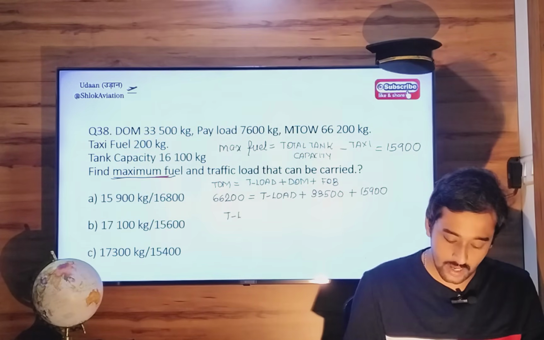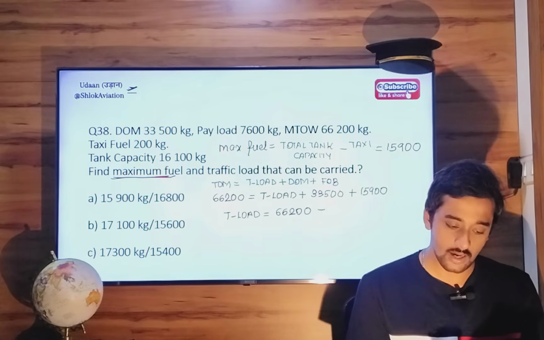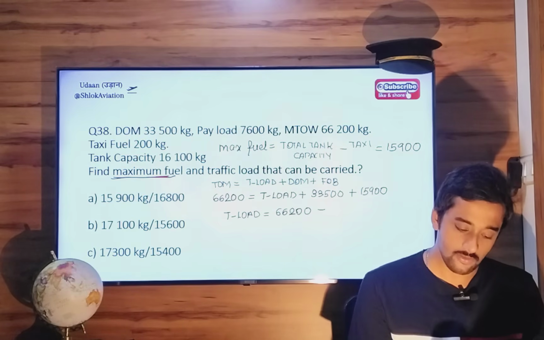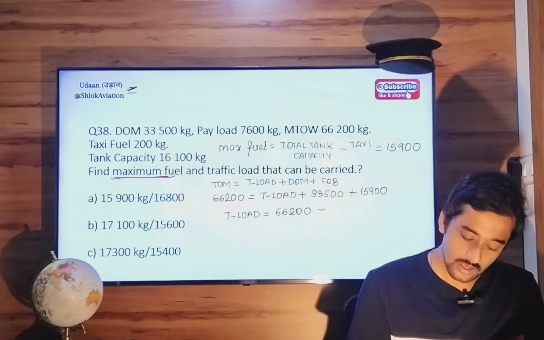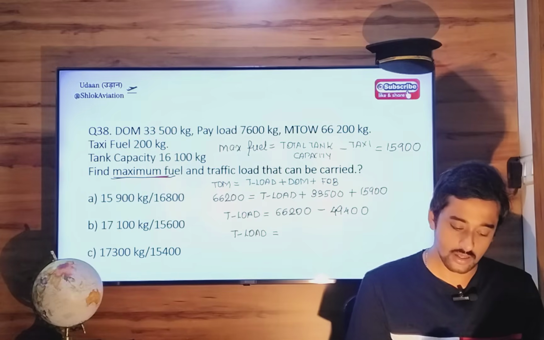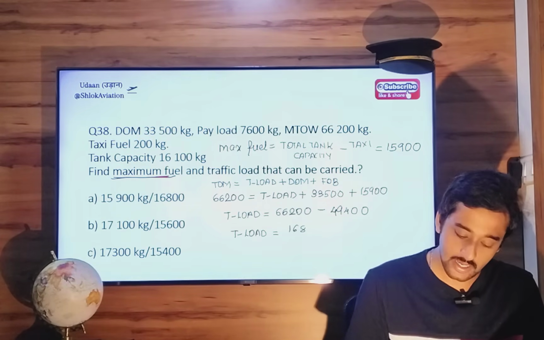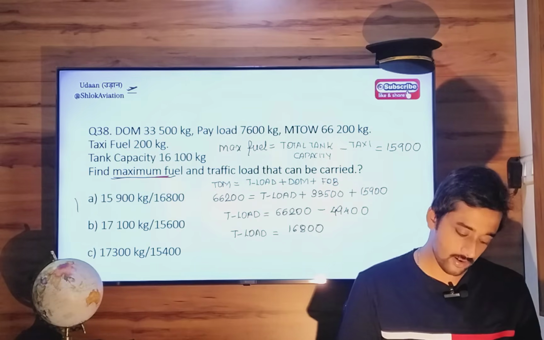So maximum traffic load will be equal to 66,200 minus 33,500 plus 15,900. So that is 49,400. So traffic load will be equal to 16,800 kg. So option alpha.